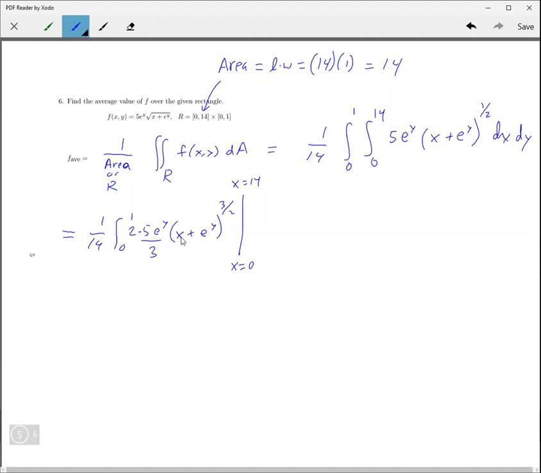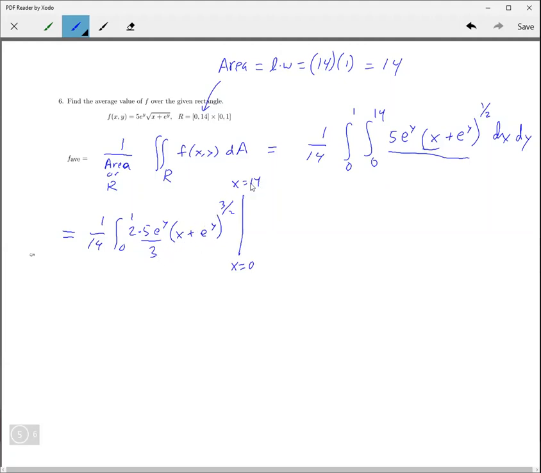If you take the partial derivative with respect to x, you don't have to deal with this e to the y. This is the only place where there's an x. So this is coming down 3/2, which cancels with 2/3. And then this is reducing by 1, to 1/2. And then you're multiplying by the derivative inside, which is just 1. So it's going to be exactly that when you take the partial.